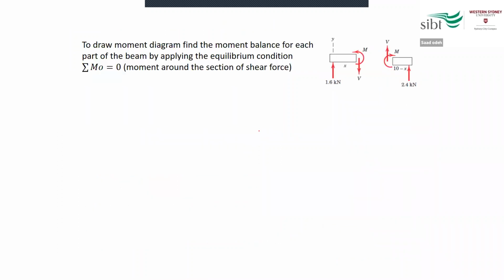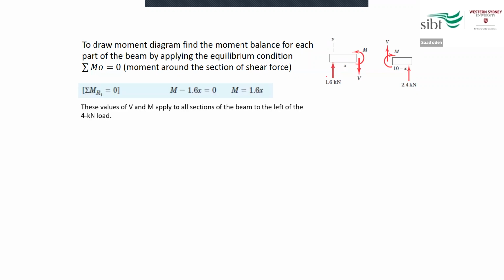I do the same thing for the moment. So I take the moment around the edge of each section. Summation of M, moment around the section, or moment around the section of shear force, I can say summation of M R1 equals 0.